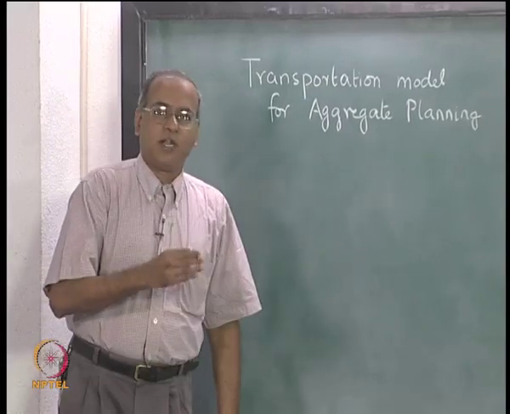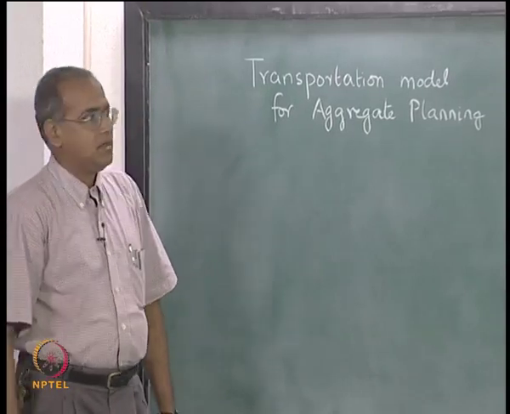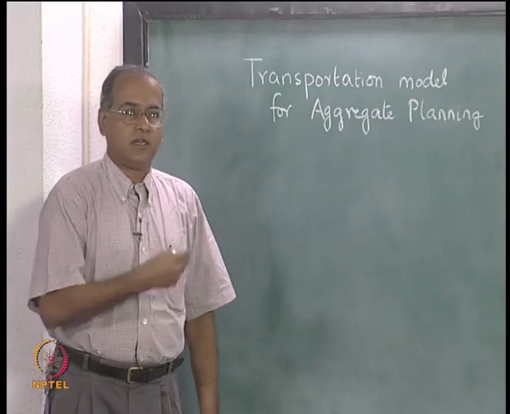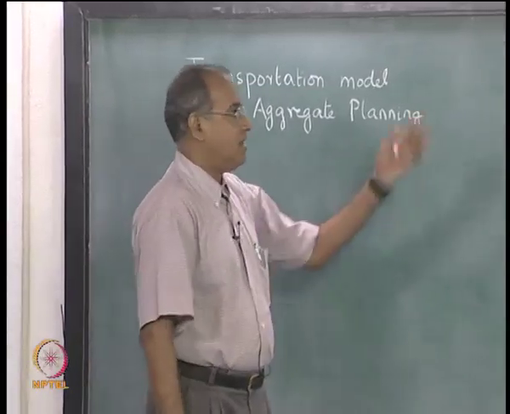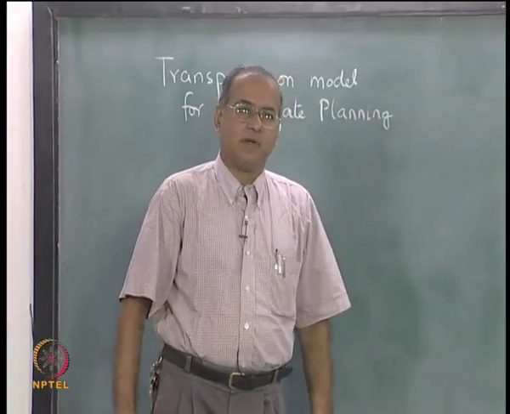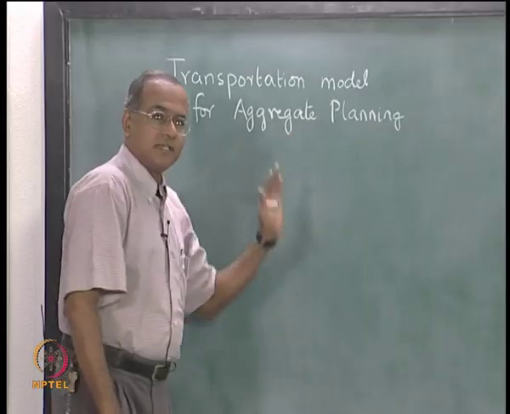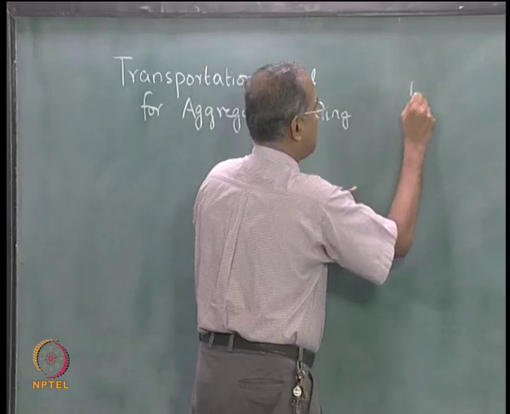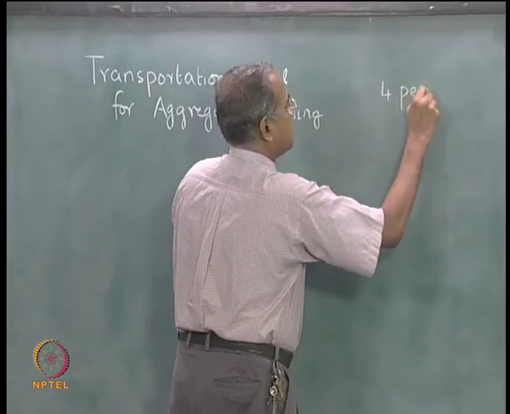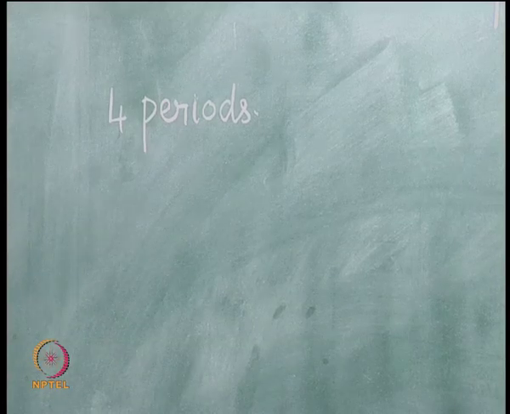We take a much smaller example to illustrate the use of the transportation model, and towards the end we also try and show how the transportation model would behave if we considered the same example involving 12 periods. For the sake of illustration, let us assume that we are considering 4 periods as against 12 periods.